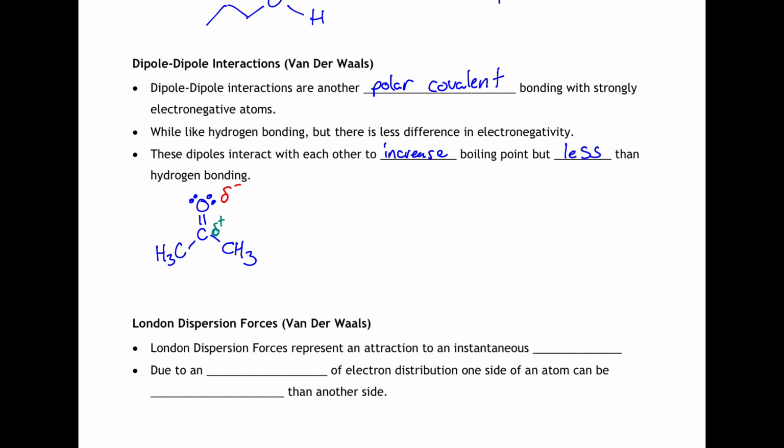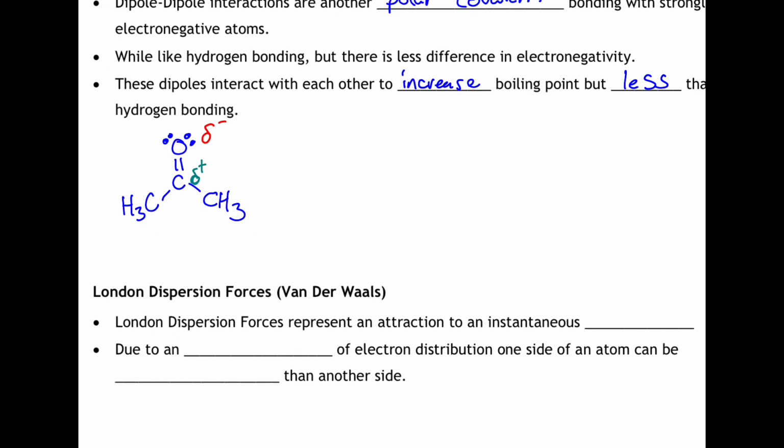So the carbon's going to be a little bit positive because the oxygen is going to try to steal these electrons away. So the double bond is going to be more to the oxygen side than to the carbon side. So it's just an unequal sharing of it.